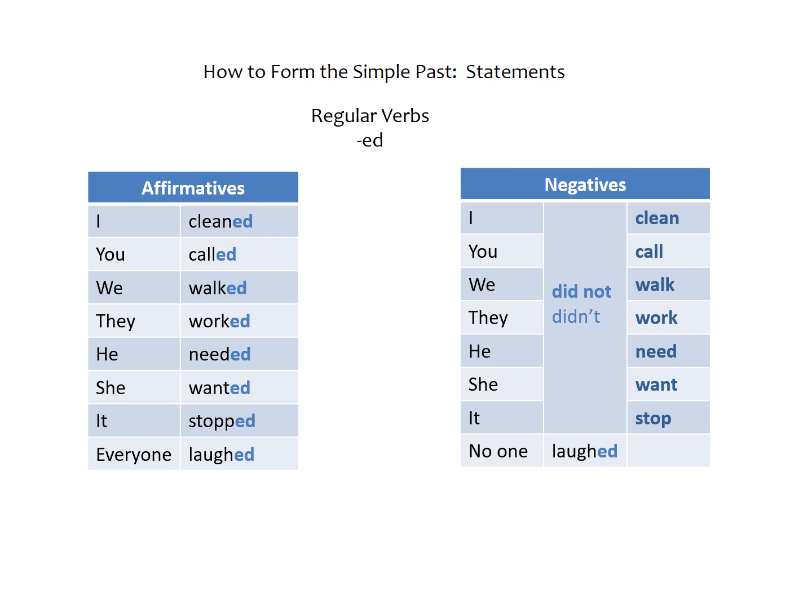But in either case, your main verb will just stay in its base form. So we can say, I did not clean. You did not call. We did not walk. They did not work. He didn't need. She didn't want. It didn't stop.